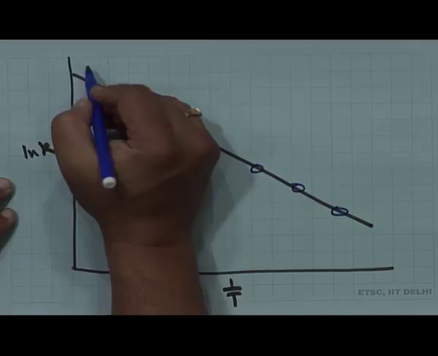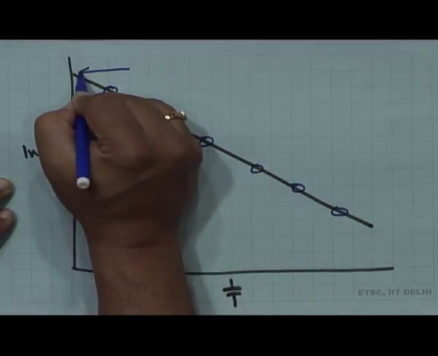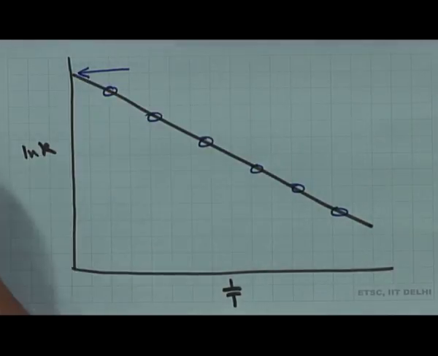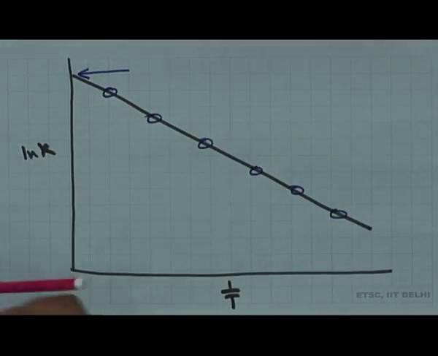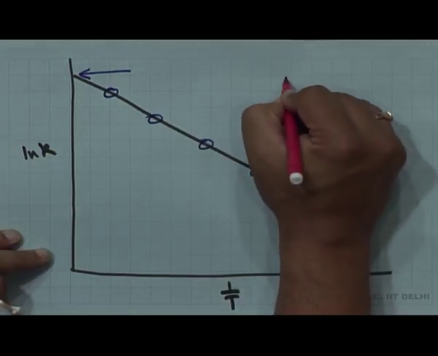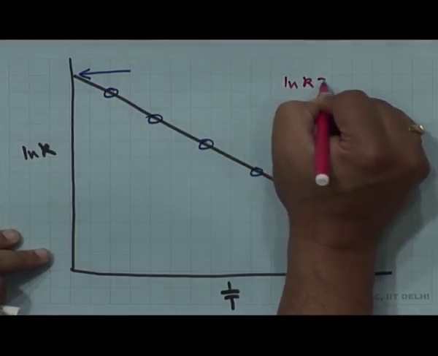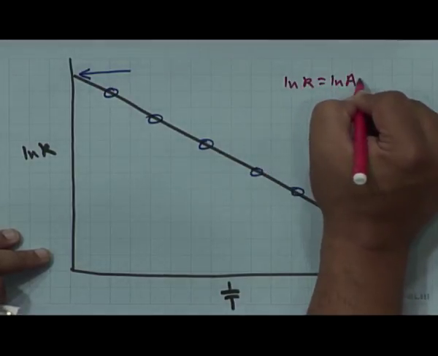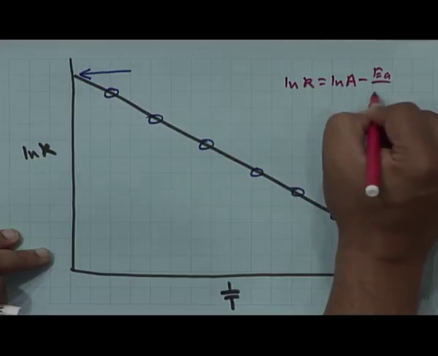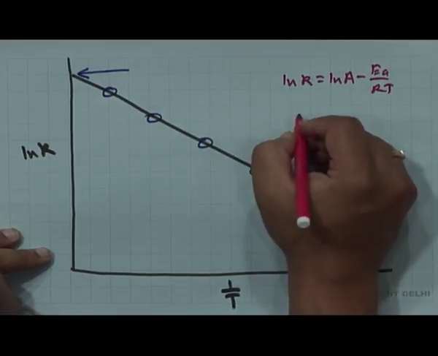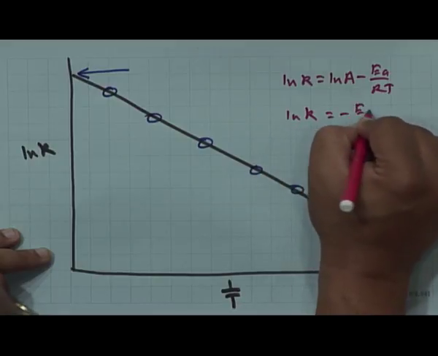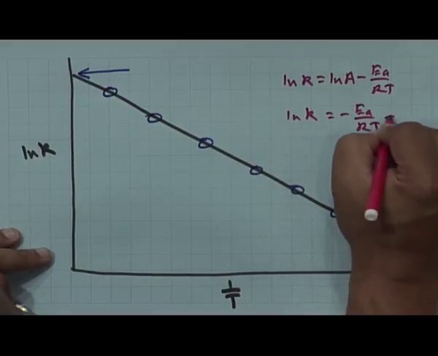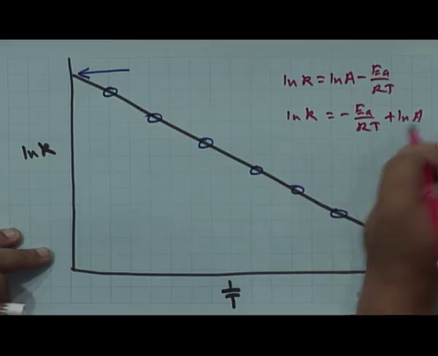Remember what the equation was, right? Let me write the equation again. The equation was ln k is equal to ln A minus E a over R T, which we rewrote as ln k is equal to minus E a over R T plus ln A, right.